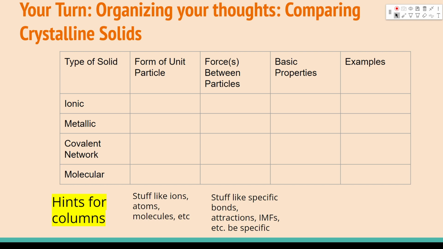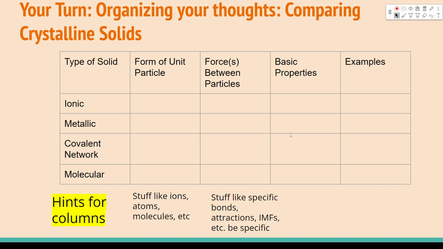Alrighty, so there's a chart to fill out. And so you need to know what kind of unit particle there is. So my hints are here. You list either ions or atoms or molecules, stuff like that here. And then the forces between. Talk about specific attractions or talk about specific bonds or particular IMFs. Be very specific on what forces are between these particles.